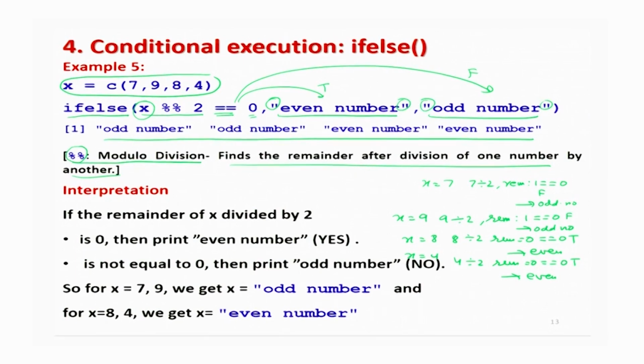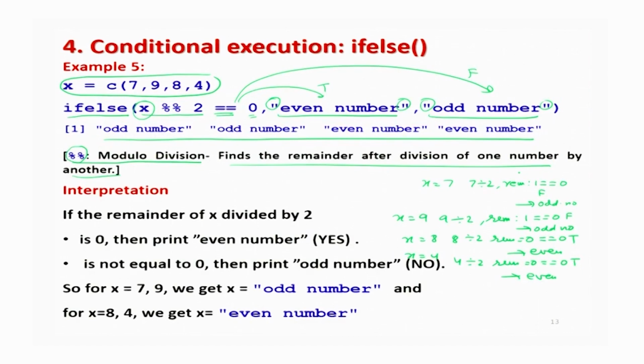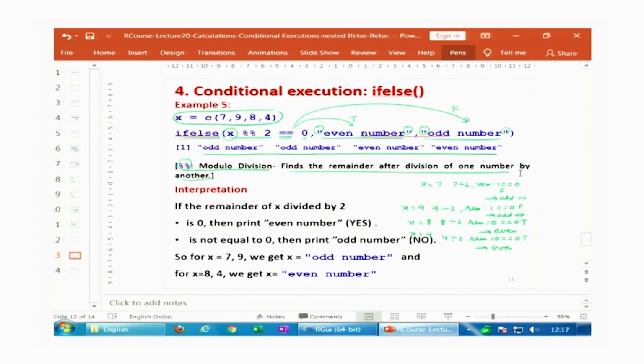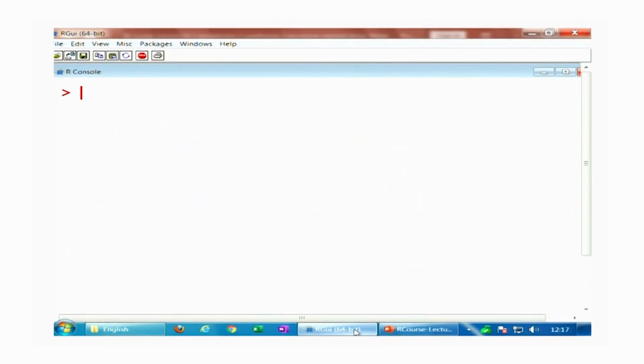So, that is what is happening here, and this is the screenshot of the same operation, and now I will show you this on the R software also, so that you become more confident, right. So, I copy this condition, and I take some numbers.